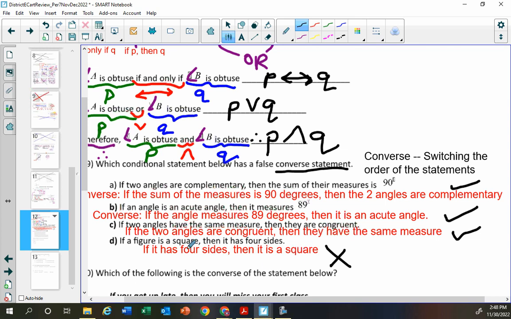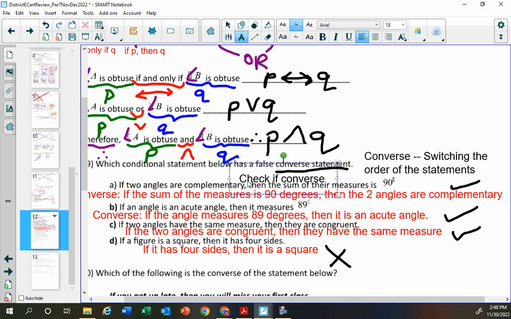So you have to look at when you switch a statement, is it true? In this case, this one's not going to be true. So when they want the false, you switch the statement to form the converse and then check if it's true or false.